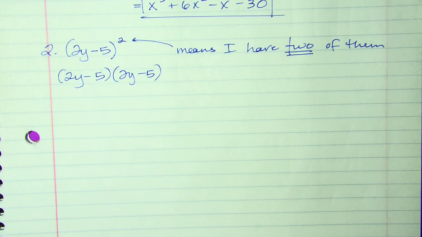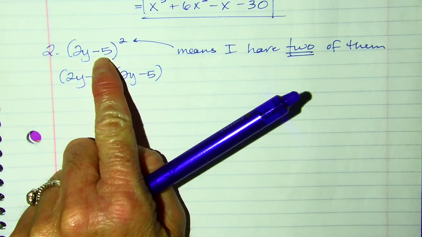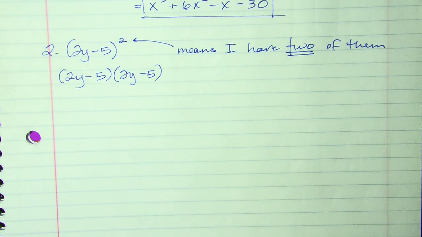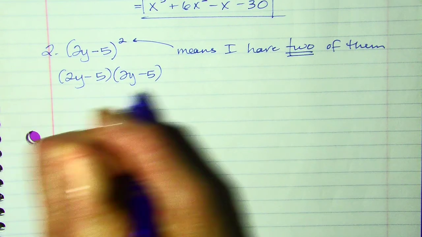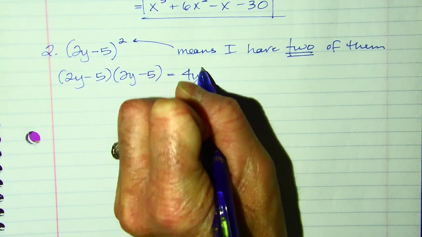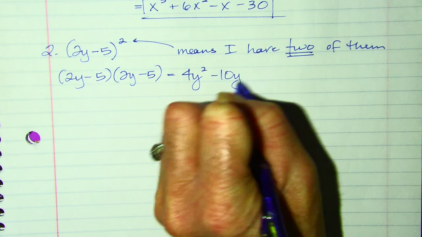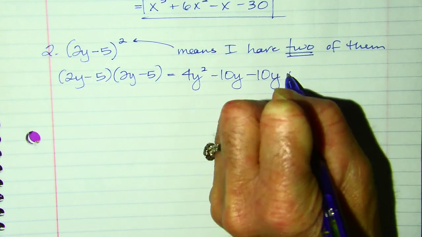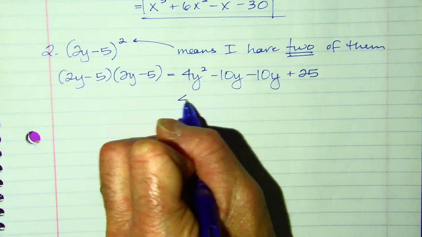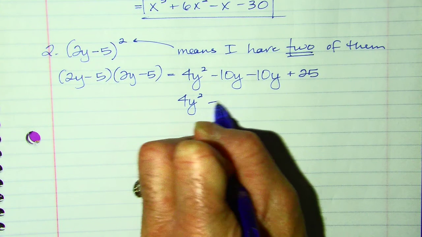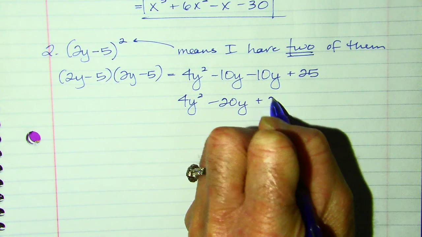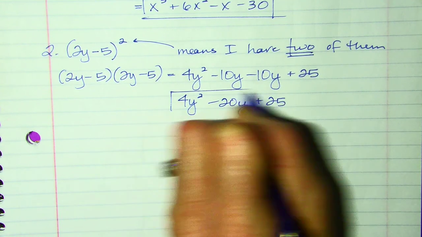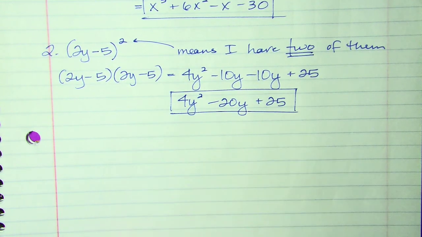No, no, no. This is a difference, so you have to actually distribute. So 2y times 2y is 4y squared minus 10y minus 10y plus 25. So my final answer is 4y squared minus 20y plus 25. So don't forget to write them.